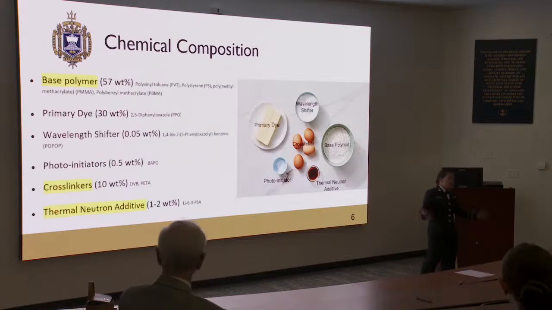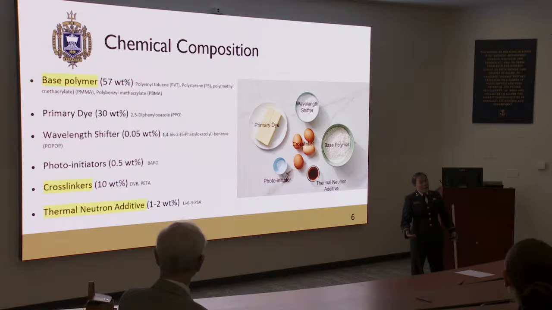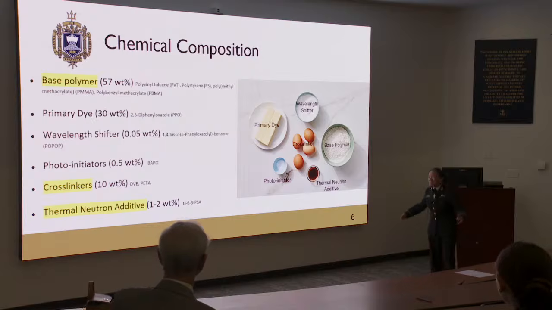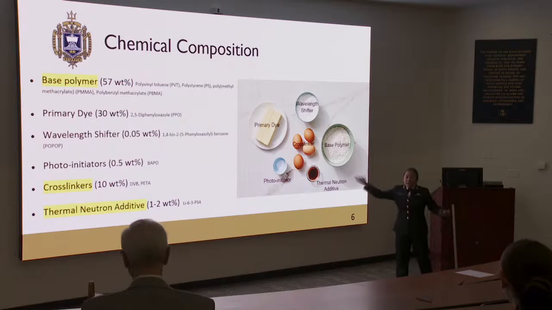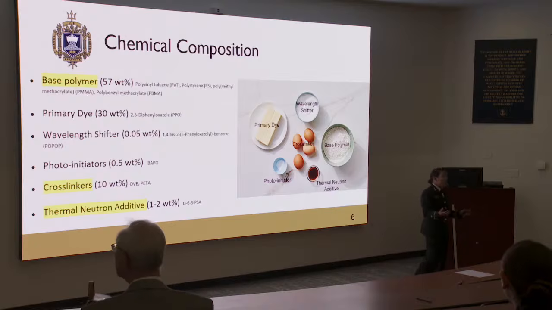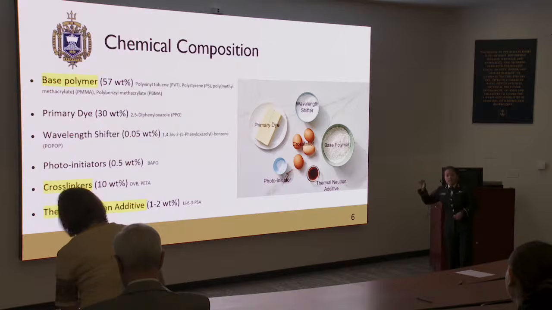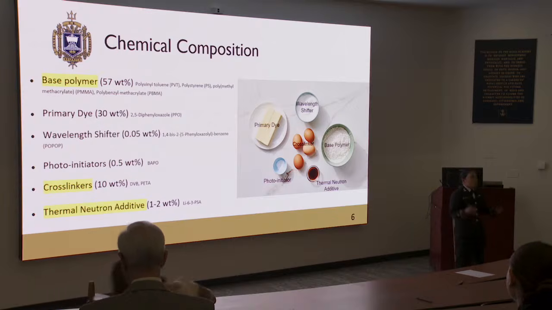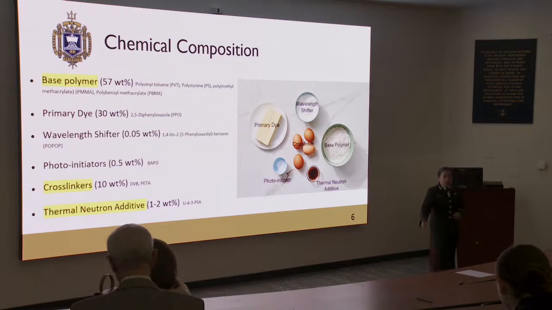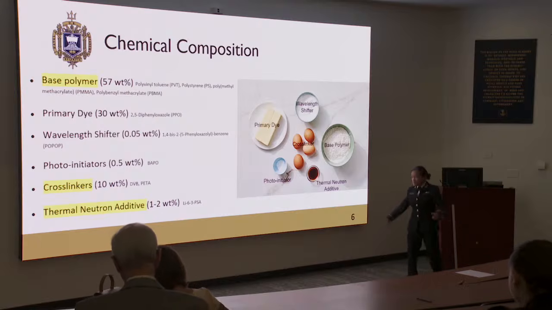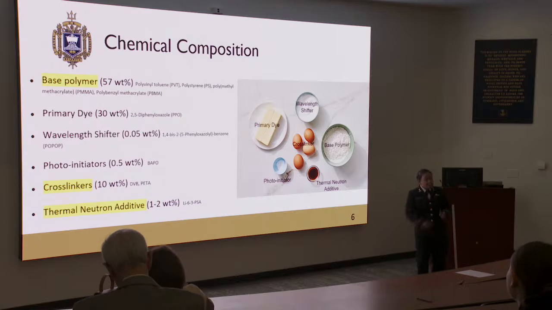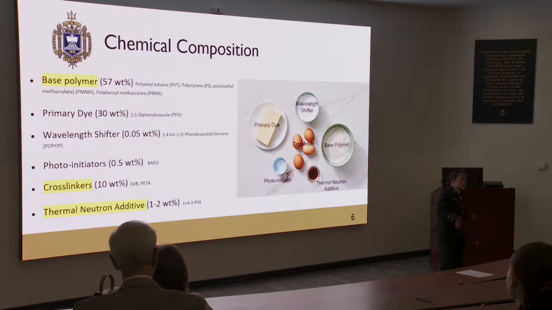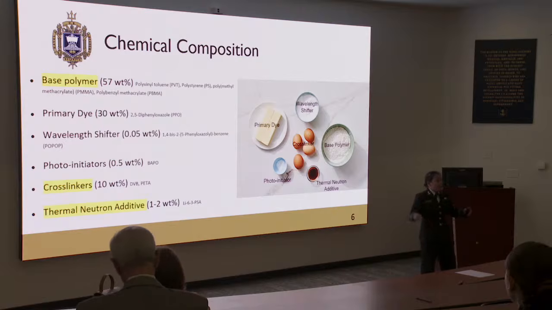So to make a scintillator, I think a lot about making a cake. It's very similar. So we have our base polymer. This is the largest percentage of the scintillator. This does the legwork in the absorption of radiation and the energy transfer, and that's your flour. The primary dye assists that energy transfer into light, and that's your butter that gives it flavor.